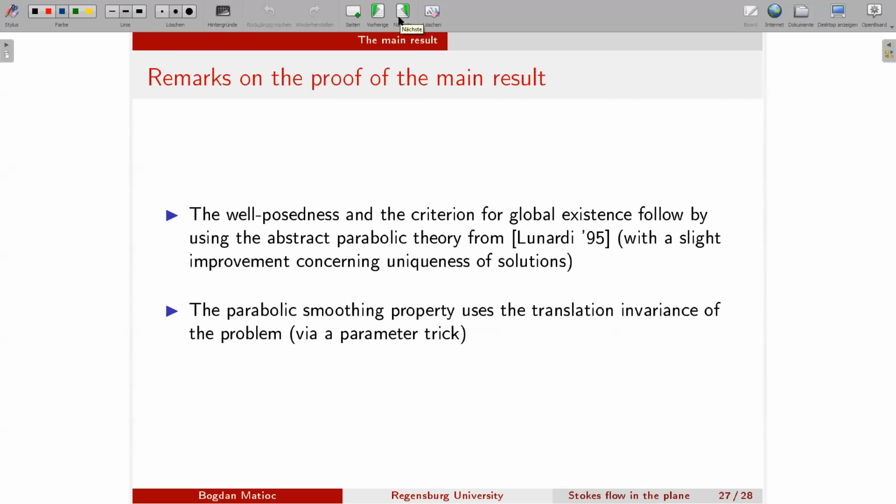So here we are almost done, because we had this problem df over dt equals F of f, and we have shown that this map is smooth with respect to f, and that the pressure derivative is a generator of an analytic semigroup. Then we can use abstract theory due to Alessandra Lunardi from her monograph from 95 to prove well-posedness and the criteria for global existence.